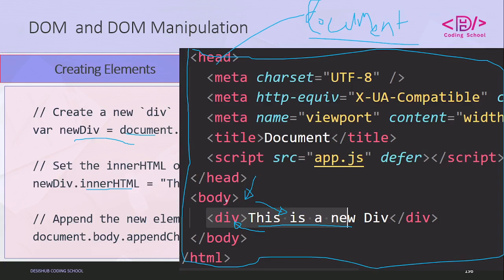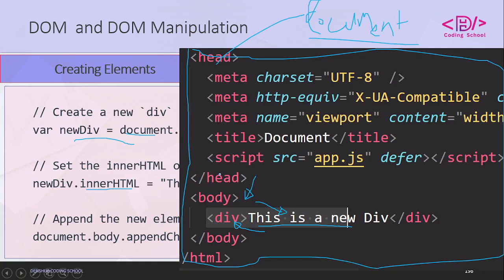We use another method. To get to the body, it is document.body, so we are referring to this body. And on the body there is one other method that we can use, which is appendChild.